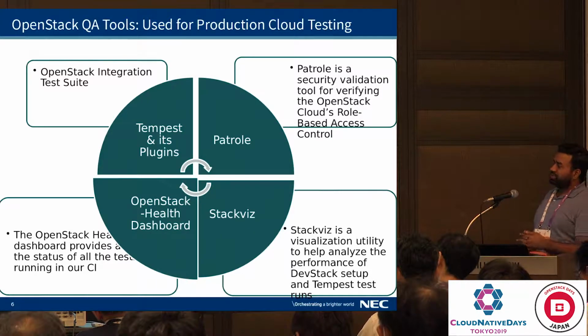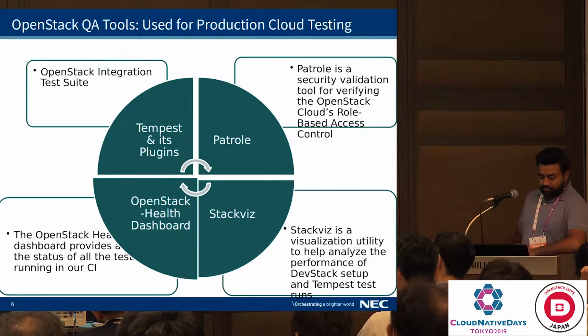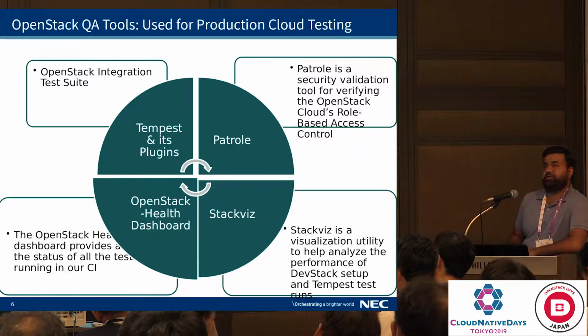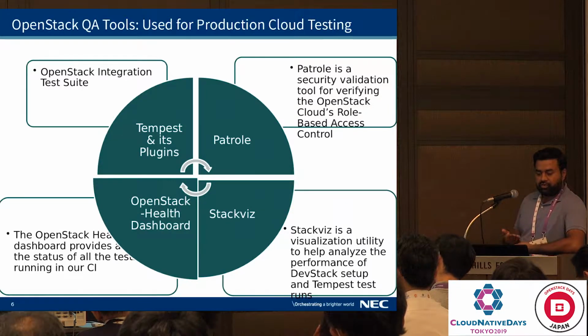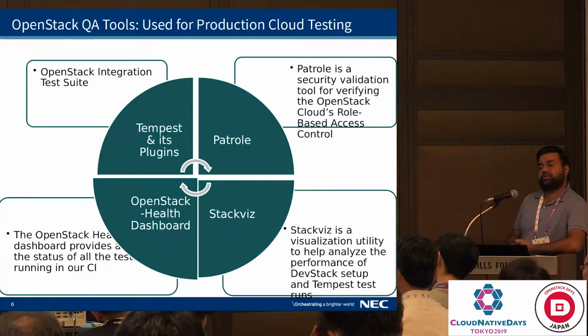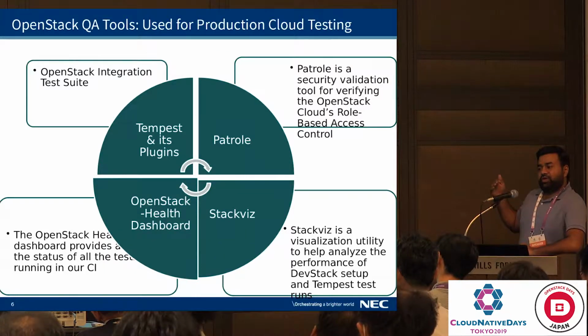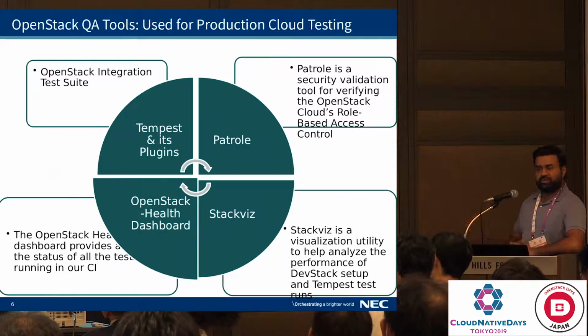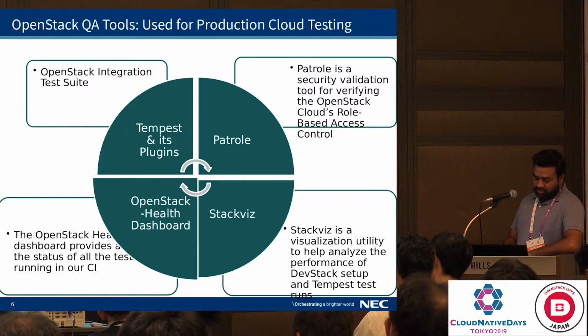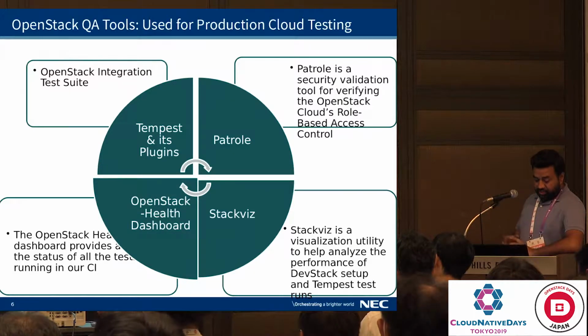The fourth one is the OpenStack Health dashboard. That gives you a visual, graphical view of your test runs and all the data. Whatever Tempest test cases have been run, what is the failure percentage and success percentage for the specific duration you want to view. And Stackviz is also a visualization utility.